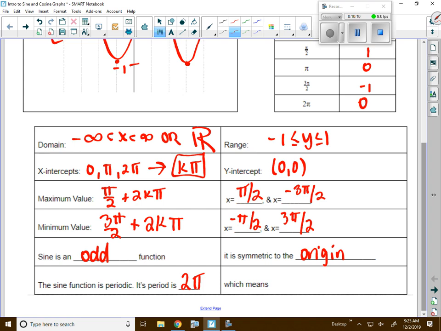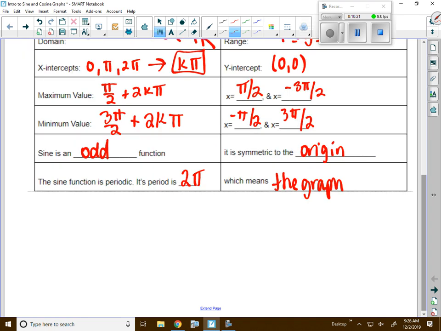And then after that, it just repeats itself. Which means the graph, I know that you guys can't see that clearly, the graph repeats after 0 to 2 pi. So after 0 to 2 pi, the graph repeats.